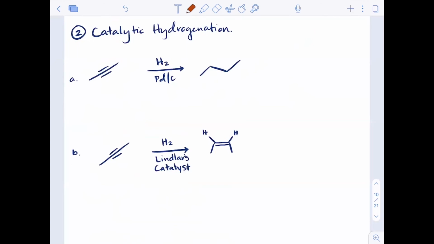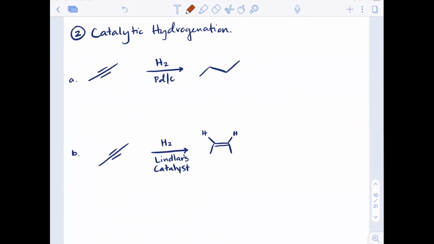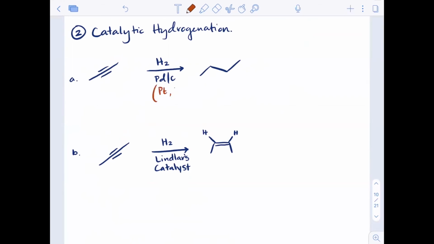The first reaction classification that we're going to get to is catalytic hydrogenation, adding H2 across that double bond or that triple bond. The first one that we're going to see is adding a reagent that we have seen before, H2 with Pd/C. You could think platinum, you could think nickel, any of those reactive catalysts.